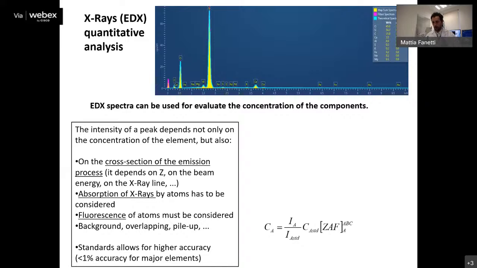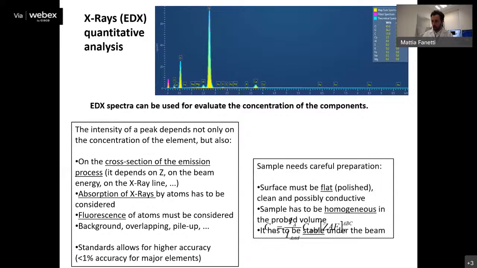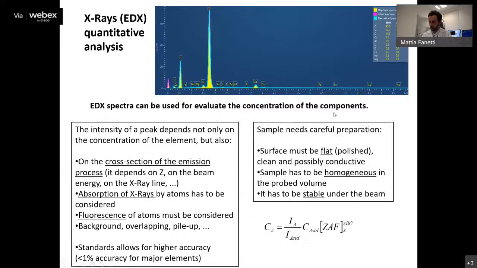So it measures the intensity, does some calculation, and gives out these numbers. Of course, these numbers are the product of a quite complex calculation and are only valid if the hypotheses on which the calculation is made are correct. And in particular, what are these conditions?